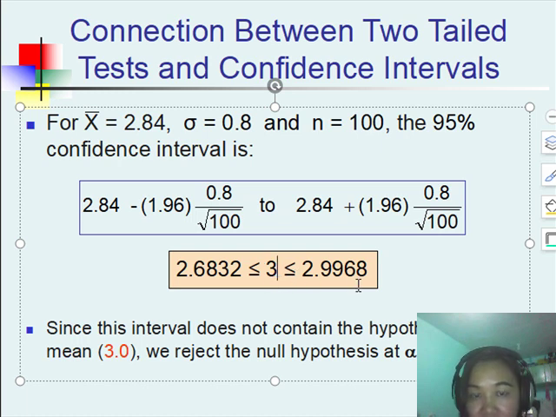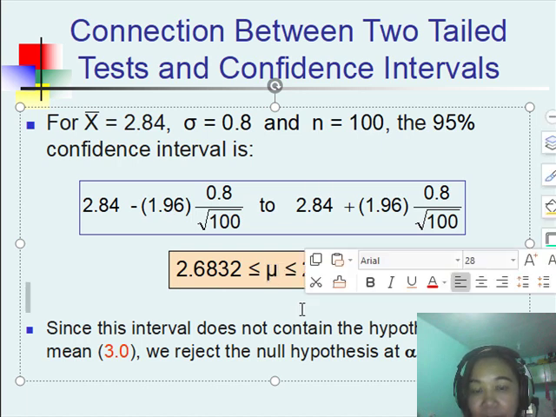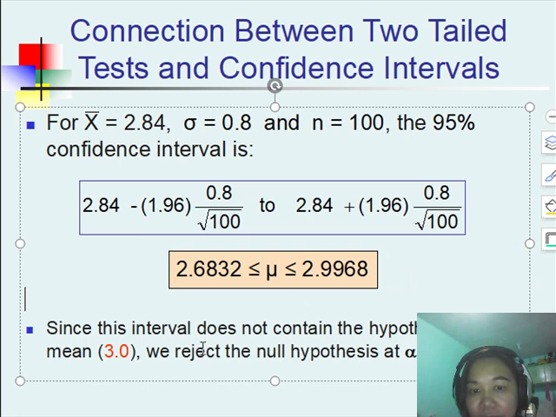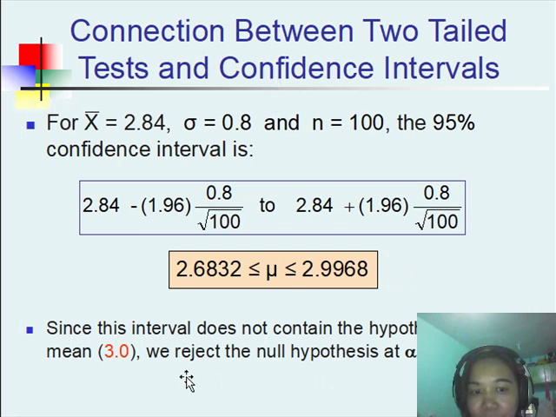Since 3 is not within your confidence interval, therefore it is not within the non-rejection area. So that is why we reject the null, because 3 is not within your confidence interval. That's how we use the confidence interval in determining whether we reject or do not reject the null hypothesis. Okay?